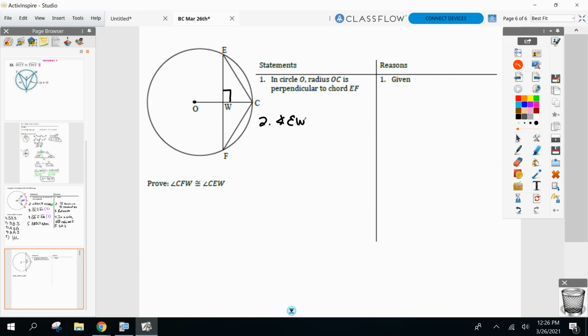So angle EWC and angle CWF are right angles. Perpendicular lines form right angles. And then, yes, saying that they are congruent.